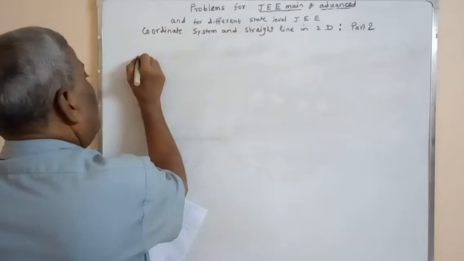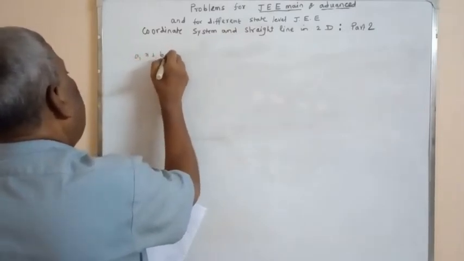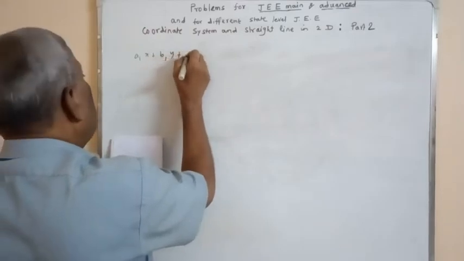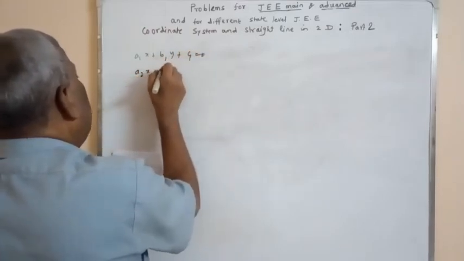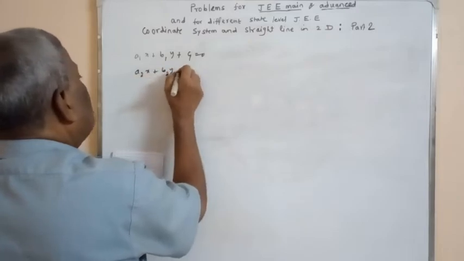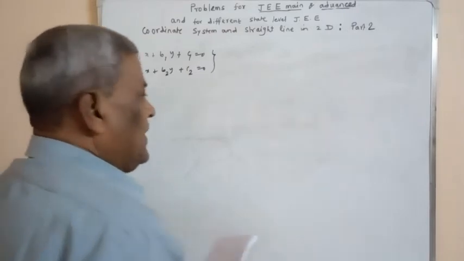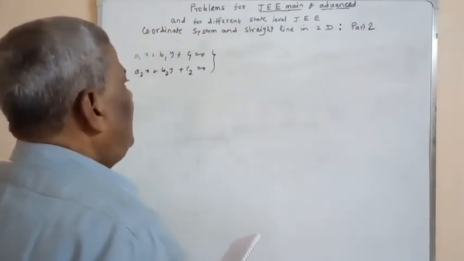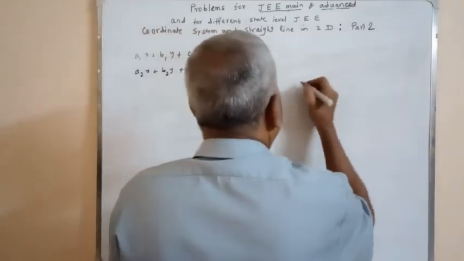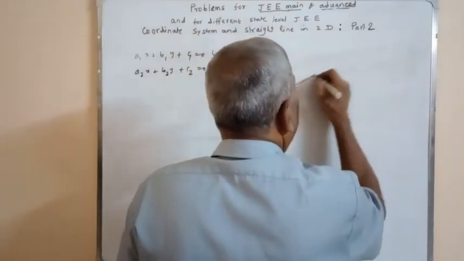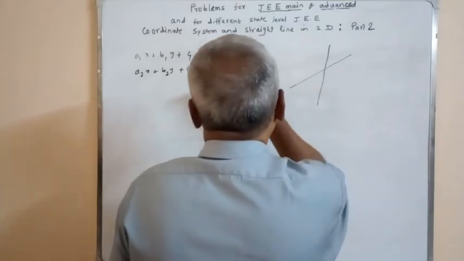Suppose A1x plus B1y plus C1 is equal to 0 and A2x plus B2y plus C2 is equal to 0 are the two given straight lines. If they are not parallel, they will meet at a point.